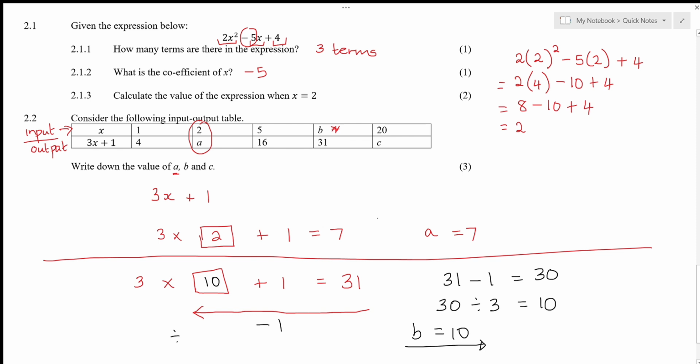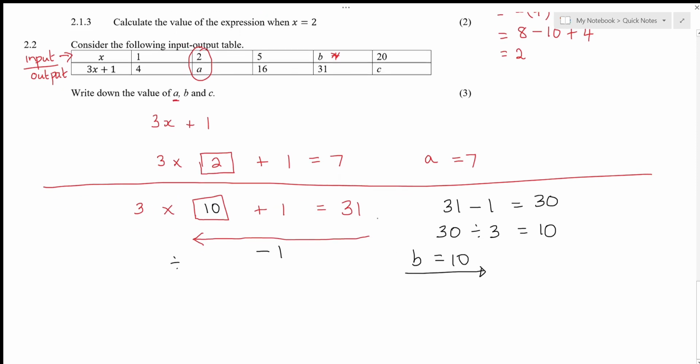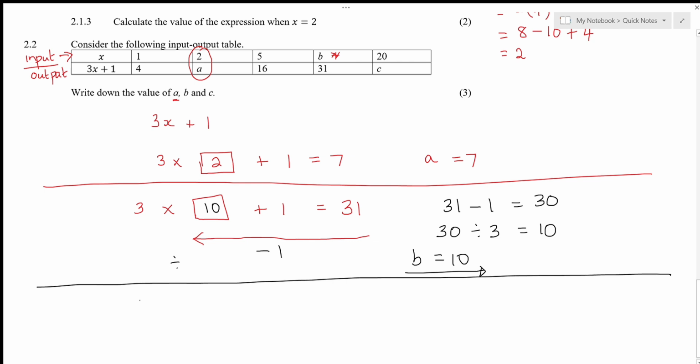Then let's go and have a look at the next one. We want to find the value of c. So that means we are looking for the output. So let's just draw a line here and look at the next one. So the next one is basically 3 times what, plus 1 would give me, not 31, because we don't know what the output is here.